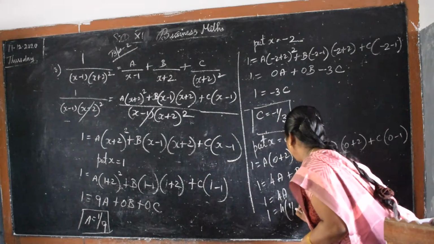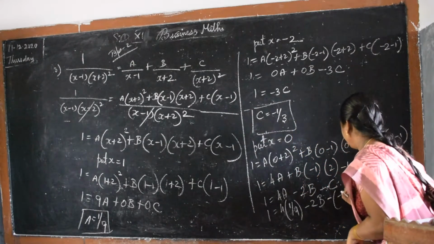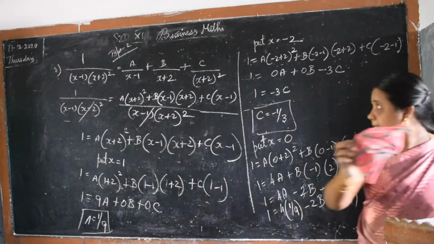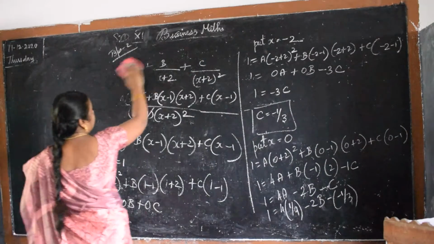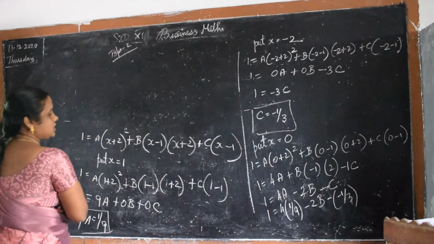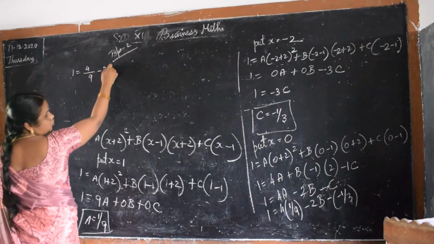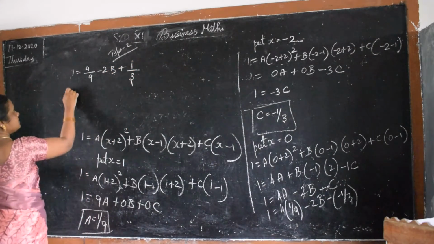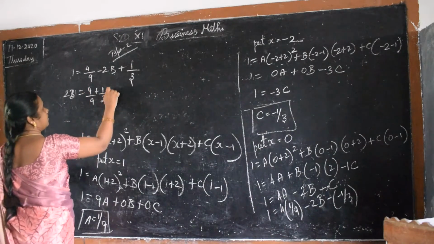A value is 1 by 9, minus of minus 1 by 3. So see here. What is the answer? 4 by 9 minus 2b plus 1 by 3. Take this 2b to this side, minus plus side. 4 by 9 plus 1 by 3 minus 1.